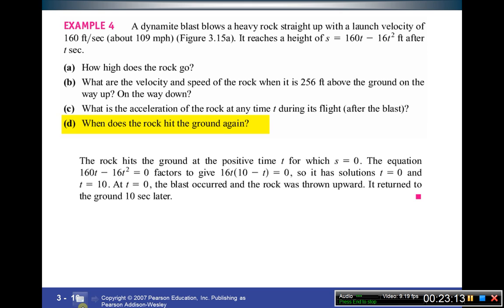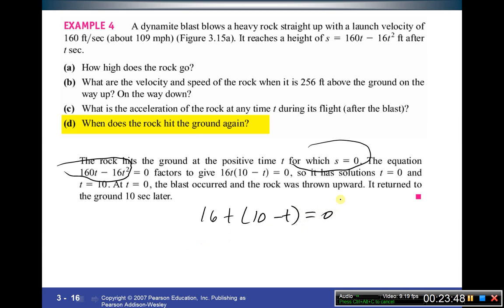Now the last question is, when does the rock hit the ground? And of course the rock hits the ground at the positive time t for which s is equal to 0. So you recall that s was given by 160t minus 16t squared. Setting that equal to 0, you can factor 16t out, and you get 16t times (10 minus t) equals 0.